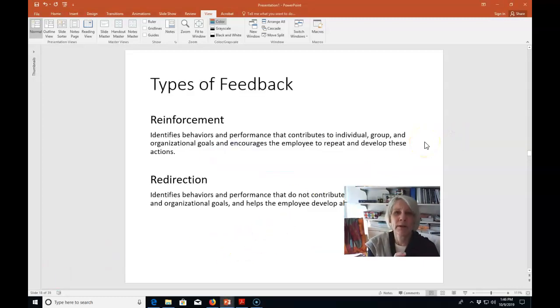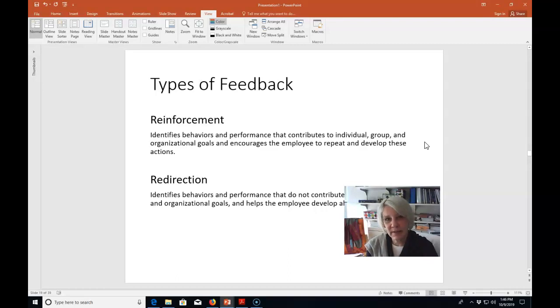One important differentiation to make is that there are at least two general types of feedback. One is what we might think of as reinforcing feedback, maybe also thought of as positive feedback. This is acknowledgement, recognition of things that people are doing well and that you'd like to see more of. So you're reinforcing behaviors that are present and that you want to see continue.